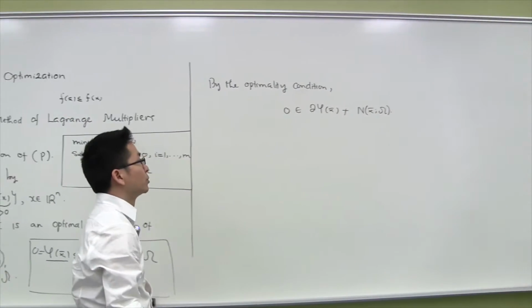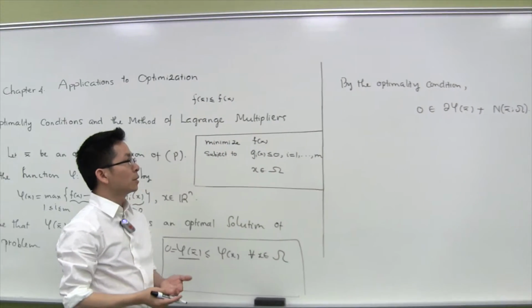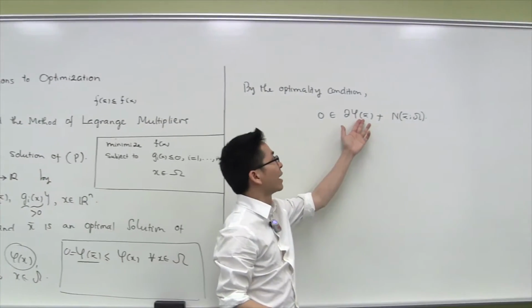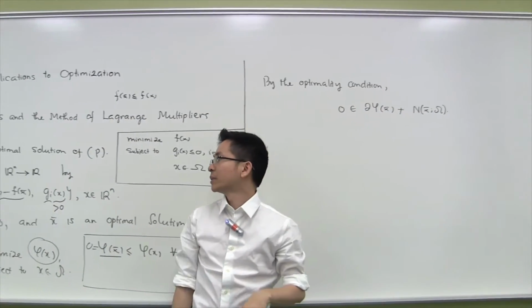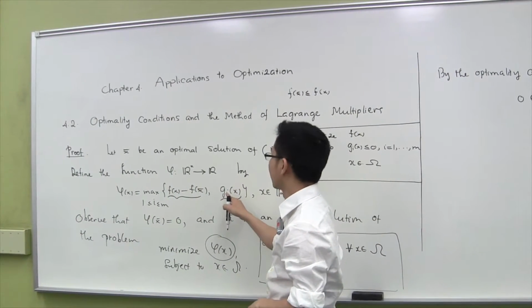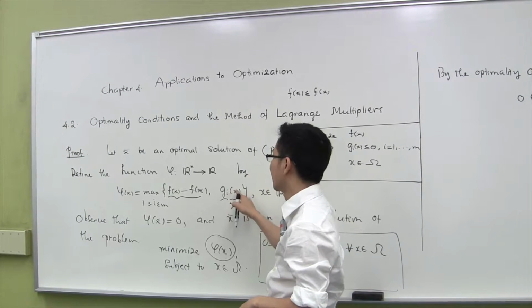To proceed, we are going to express the subdifferential of the function phi at x bar in terms of the subdifferential of the function f at x bar and the subdifferentials of the functions g_i at x bar.